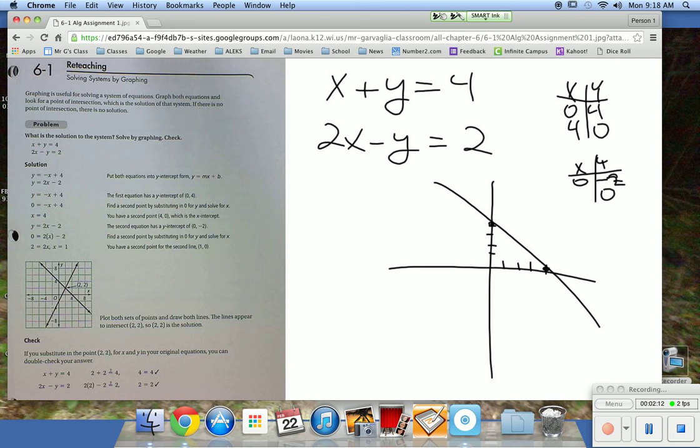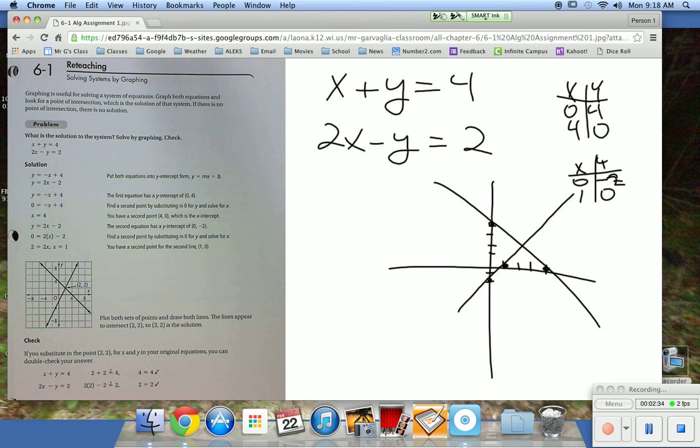And if y is 0, what's x? 2 times what equals 2? 1. So let's graph that. I've got this one right here, and I got negative 2. I'm off a little bit again. And here is my line.